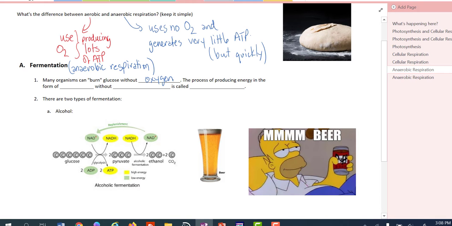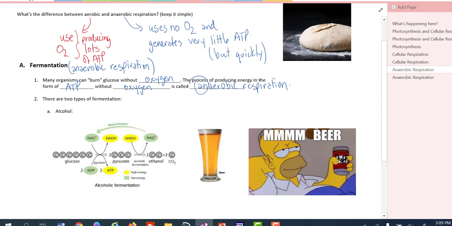And the process of producing energy in the form of ATP without oxygen is called anaerobic respiration. Respiration without oxygen. An, or lacking, that prefix.